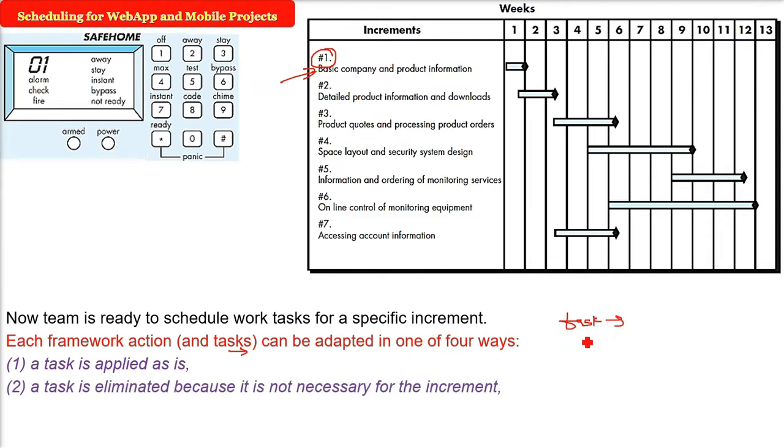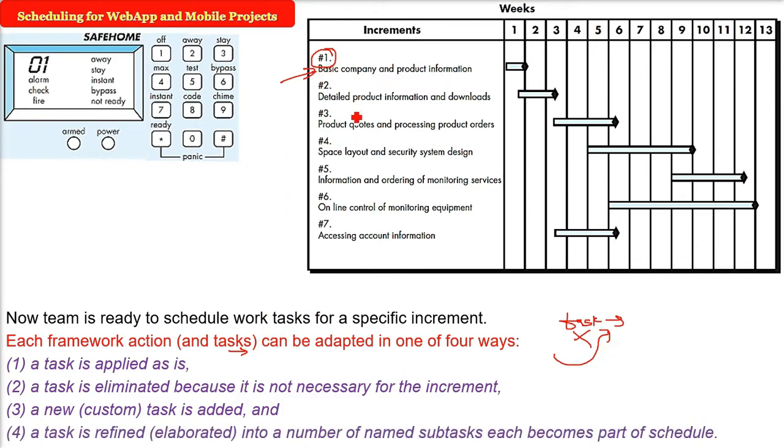You can see the task and say, no, this is not required for this increment, and you just eliminate it. There may be some new task you want to add. So a new or a custom task is added. Or the task is refined into a number of subtasks. That is, you see the task is very big and we can divide it into subtasks. So this becomes a part of a schedule. So these are the ways you can choose the tasks and discuss about the tasks.